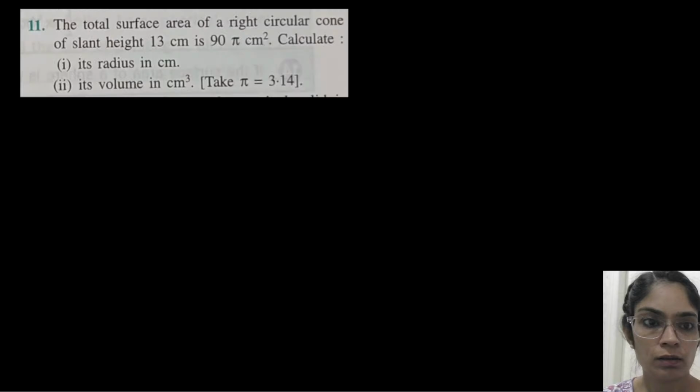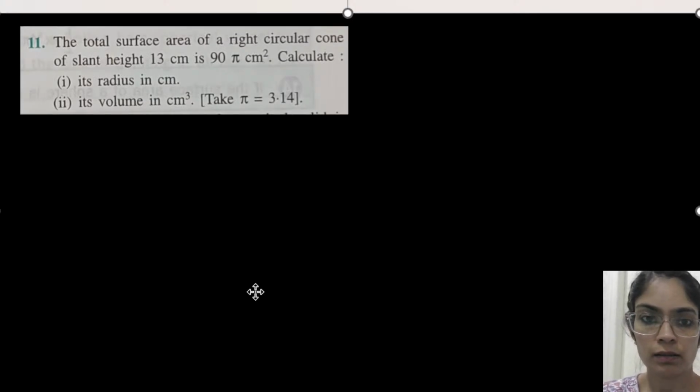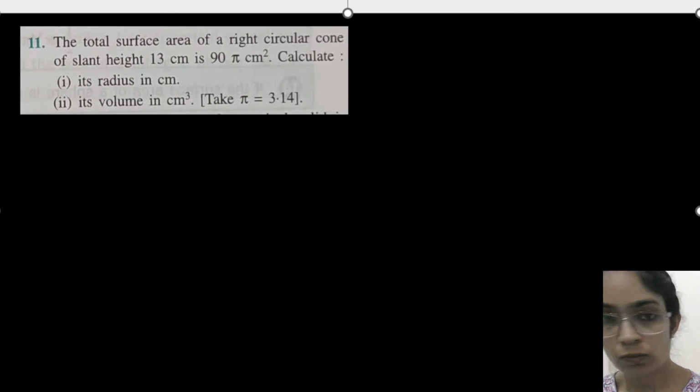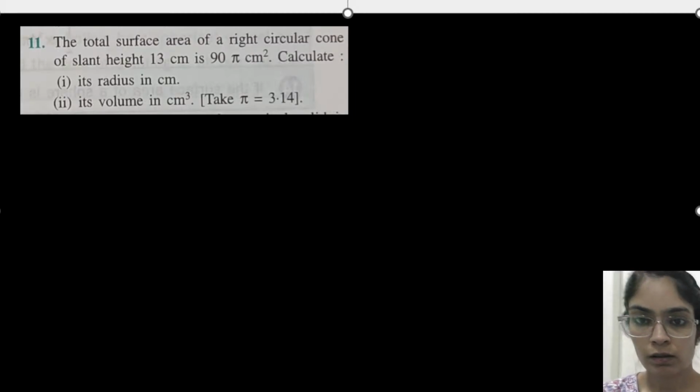It's clear. Is the question visible? It's clear, okay. Okay, so question is also visible on the screen. Good, let's do the next question.